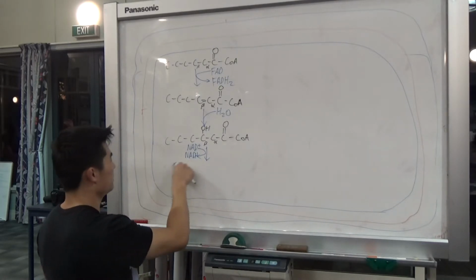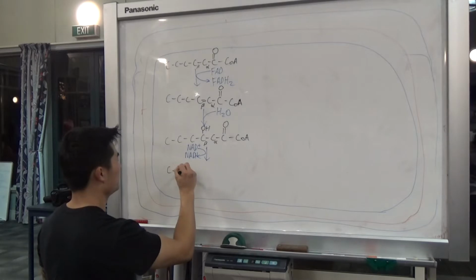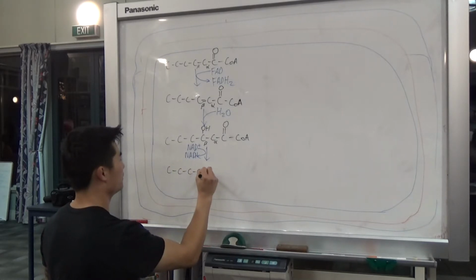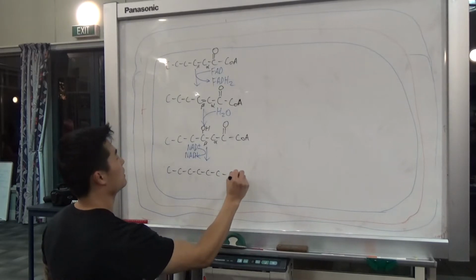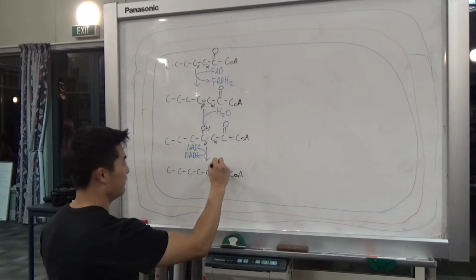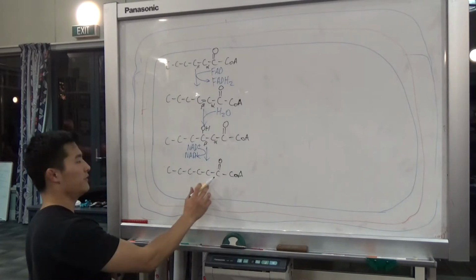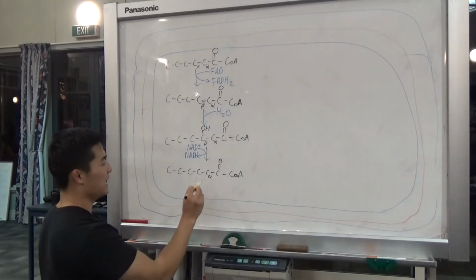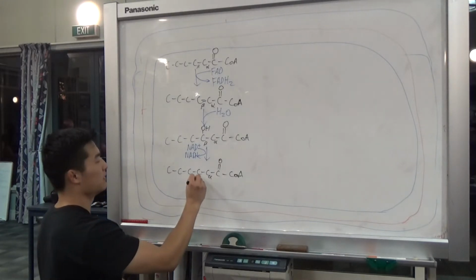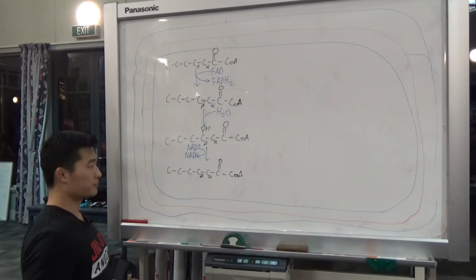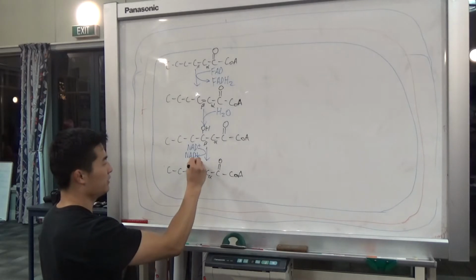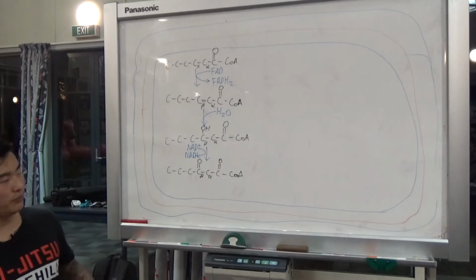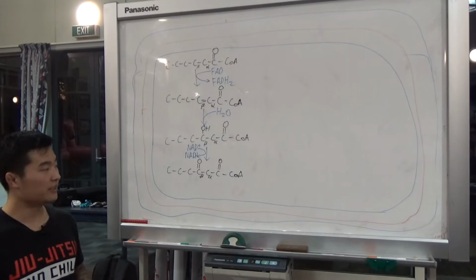I'll draw it a bit lower, I'm going to run out of space: 2, 3, 4, 5, 6, and then the CoA. We have our double bonded oxygen on the first carbon, the alpha carbon, and the beta carbon. Remember the beta carbon had the OH group. Now it's going to have a ketone group, the double bonded oxygen. So that's a ketone.